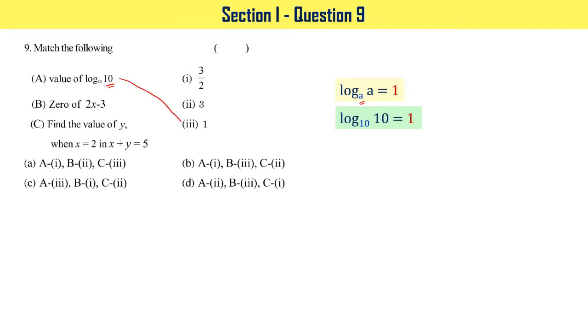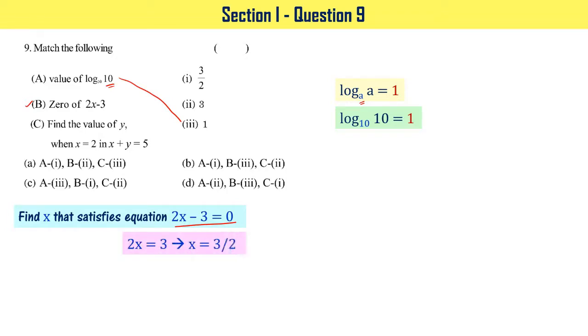The next thing we have to find is the zero of 2x minus 3, right? For that, we have to find the value of x that satisfies the equation 2x minus 3 equals 0, right? That can be written as 2x equals 3. It means x equals 3 by 2. Let's match that.